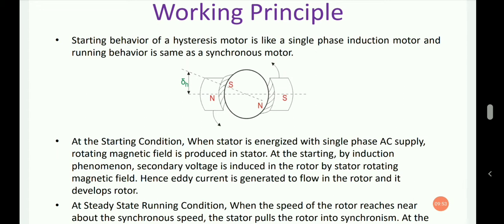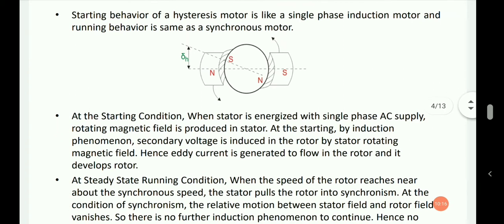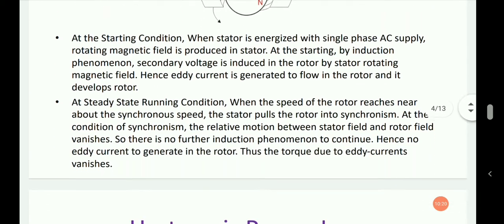So it can be said that when the rotor starts to rotate with the help of this eddy current torque, due to induction phenomena, it behaves like a single phase induction motor.